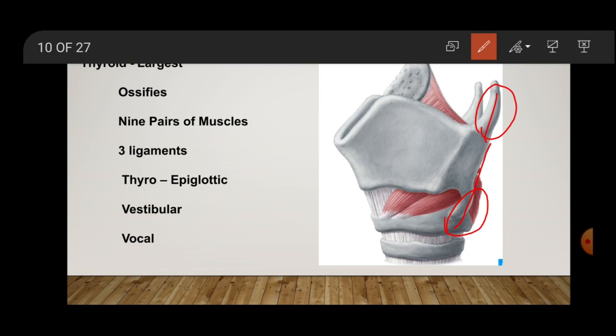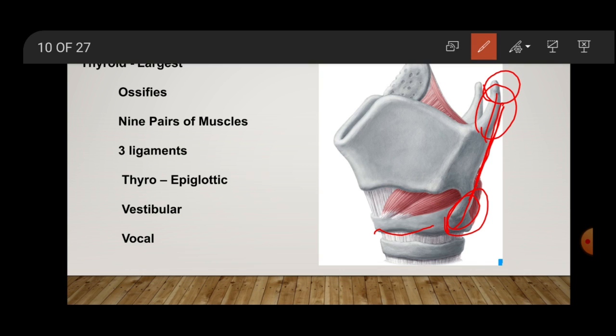This posterior border receives the insertion of the stylopharyngeus and the palatopharyngeus muscle. The superior horn gives attachment to the lateral thyrohyoid ligament, whereas the inferior horn bears a circular facet on its medial surface near the tip for articulation with the lateral surface of the cricoid cartilage, the cricoid arch.